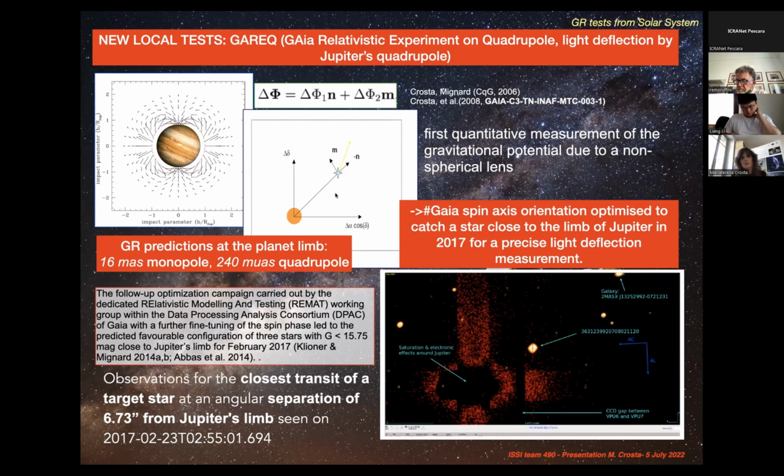So the light deflection by Jupiter, as seen projected on the sky, can be decomposed in one deflection along the radial direction, and one deflection normal to the radial direction. It was possible to study this effect by catching brighter stars close to Jupiter. So it was decided to change a little bit the scanning law in the initial phase of Gaia to catch this bright field in 2017.